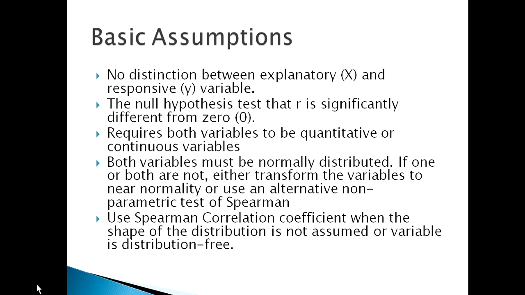The third assumption, the variables must be continuous variables, and both variables must be normally distributed. Otherwise, we will move to run the Spearman test instead of Pearson correlation test.